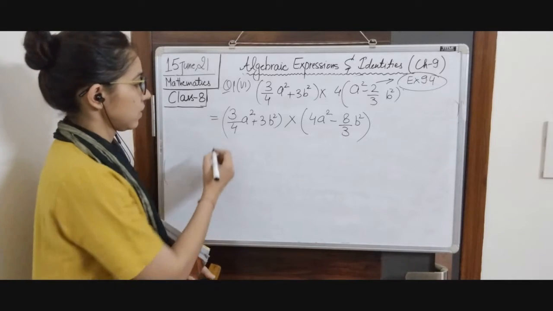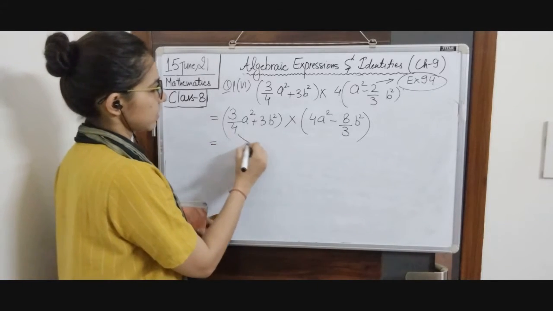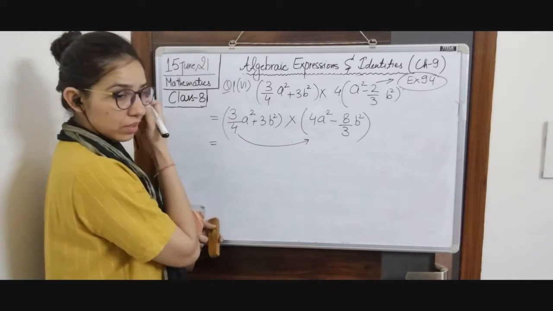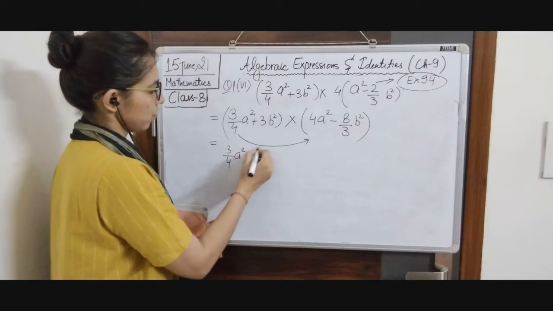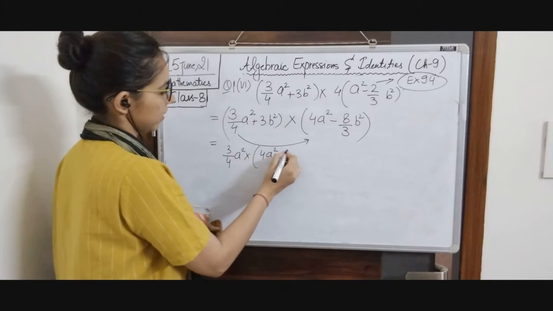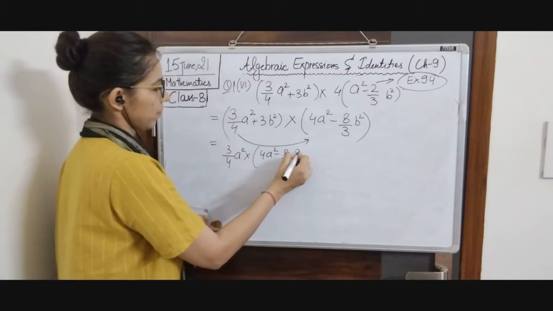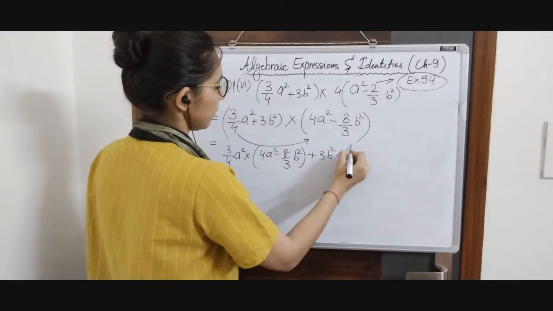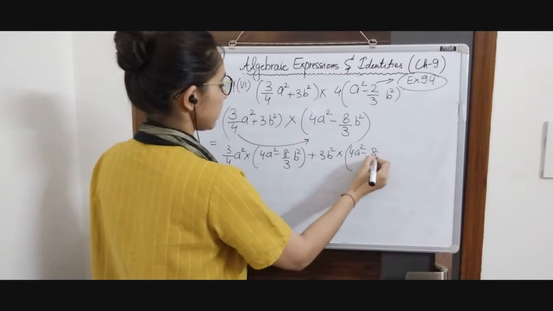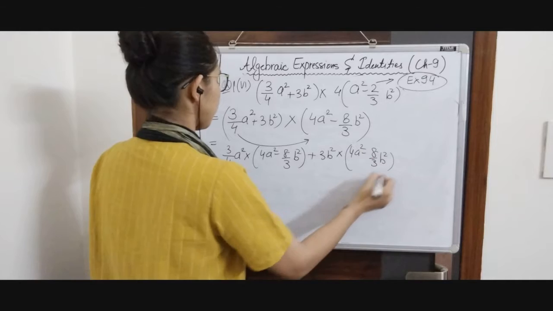Next is, you will multiply this term with the whole binomial, which is going to be 3 by 4 a square into 4a square minus 8 by 3 b square plus 3b square multiply with 4a square minus 8 by 3 b square.